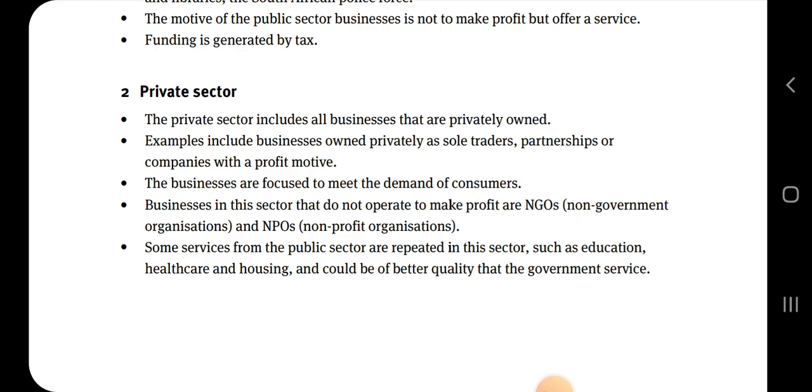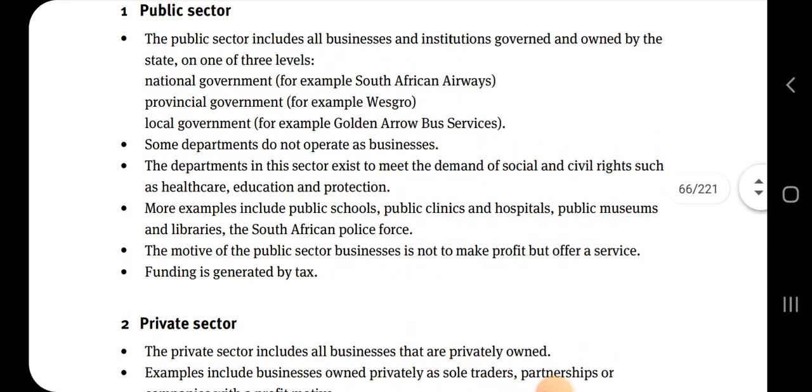Some services from the public sector are repeated in this sector, such as education, healthcare, housing, and could be of better quality than that of government services. So the private sector is more efficient than the public sector.